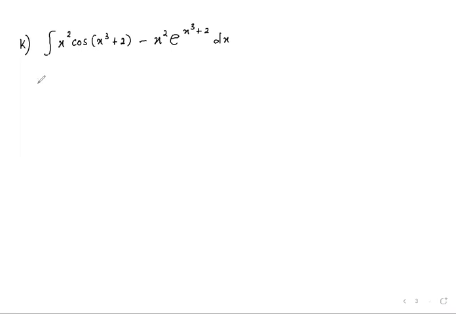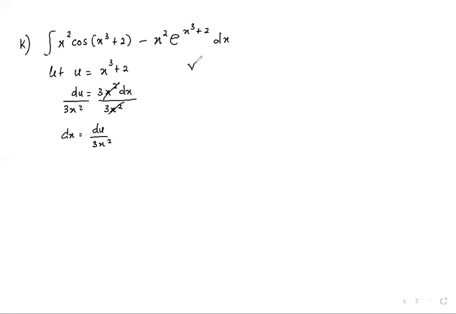So for the first one, let u be equal to x³ plus 2. Then differentiate u, we're going to get 3x squared dx. Then let's solve for dx, so divide by 3x squared. What we have now is dx is equal to du over 3x squared.